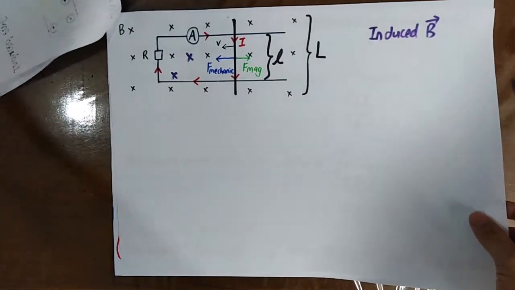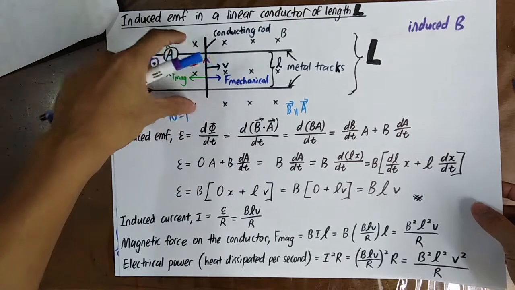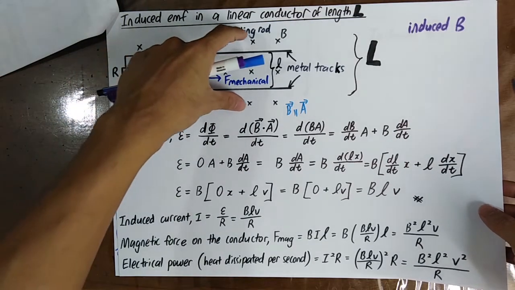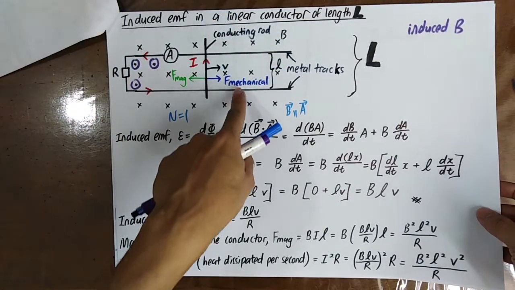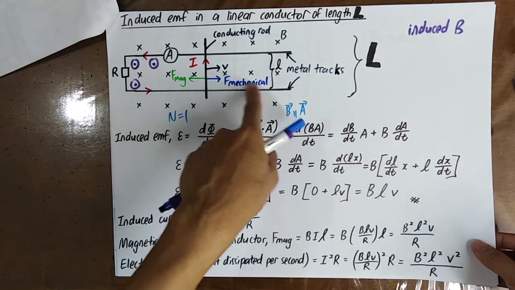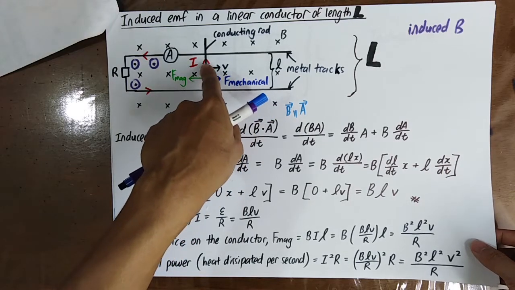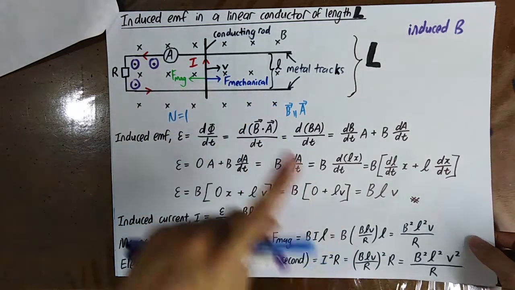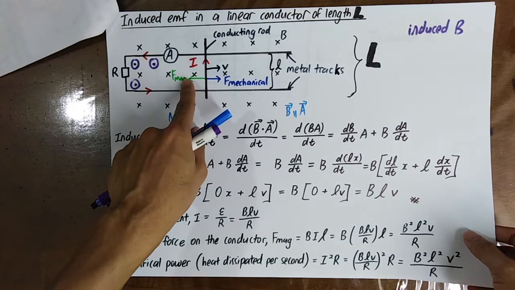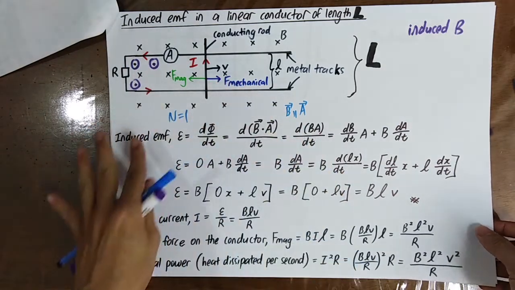That means that if you want the conducting rod to be moving with a certain velocity forever, you have to give your mechanical force forever. And always remember that the mechanical force is in the same direction as V, because you pull the conducting rod by your hand. And always remember that the magnetic force must be opposite to the mechanical force forever.